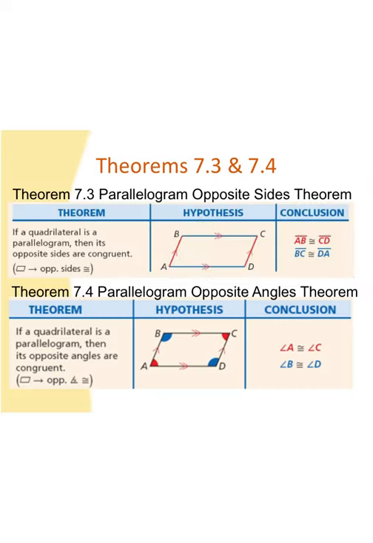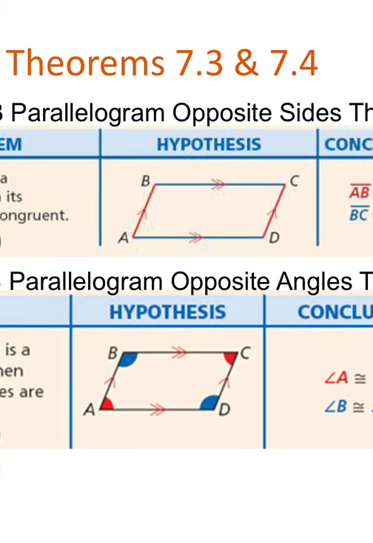There are some really cool theorems that we get from parallelograms, okay? The first theorem is that the opposite sides of a parallelogram are congruent. So those sides that are parallel to each other, for example, BC and AD, they're also congruent. They're going to be the same length. Same thing with AB and CD.